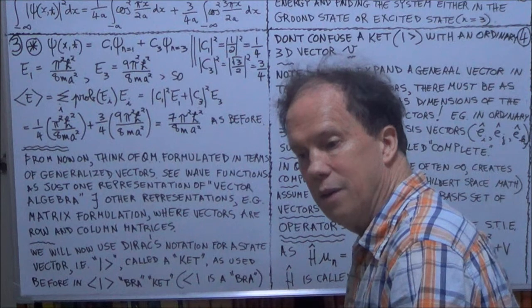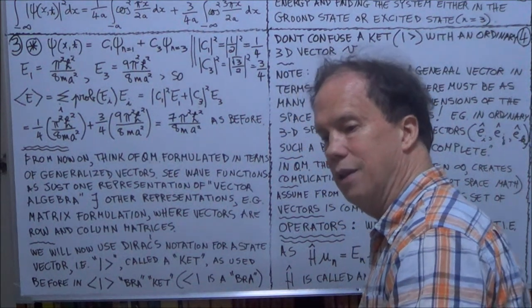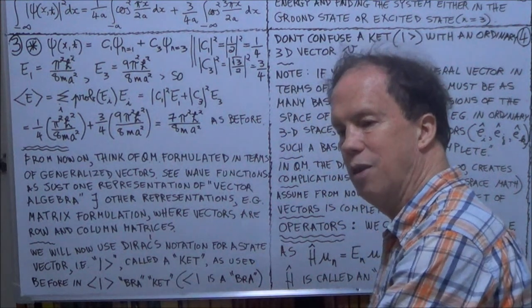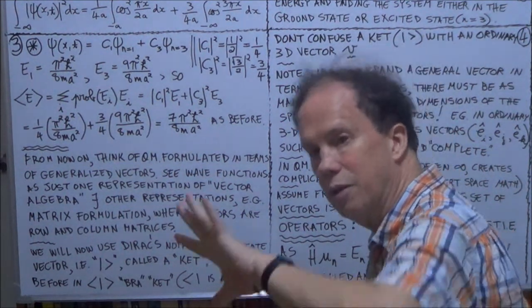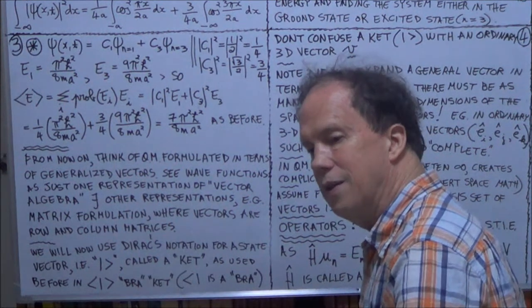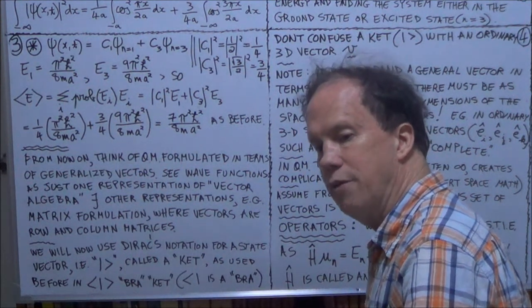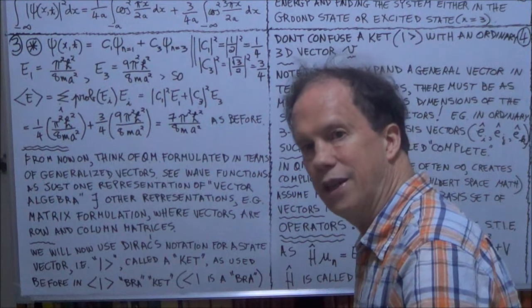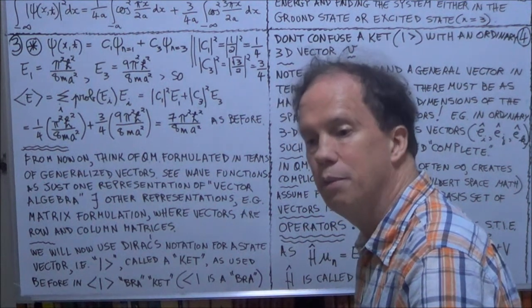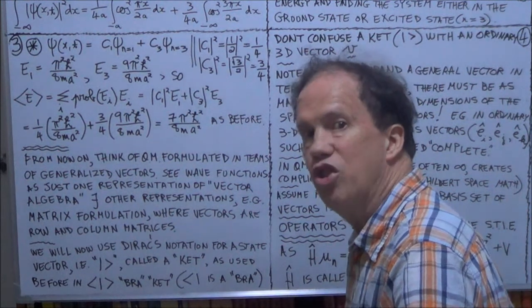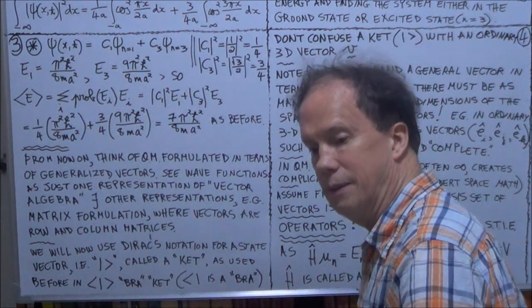So in a sense, instead of saying vectors are a representation of wave functions, we can reverse it, and say that the wave functions are representations of these vectors. And there may be other representations of these vectors, for example, matrix mechanics.